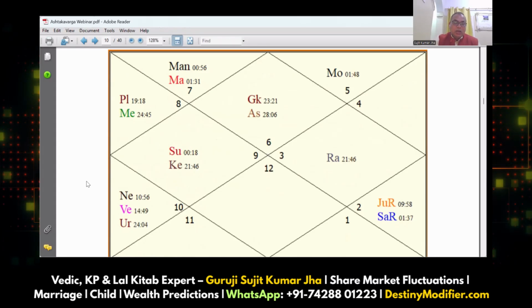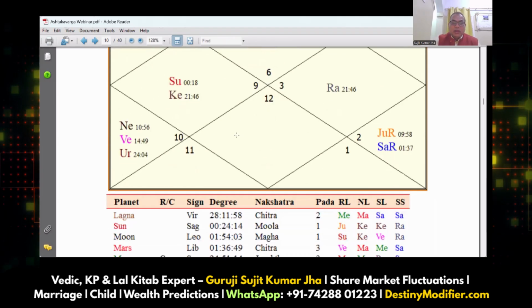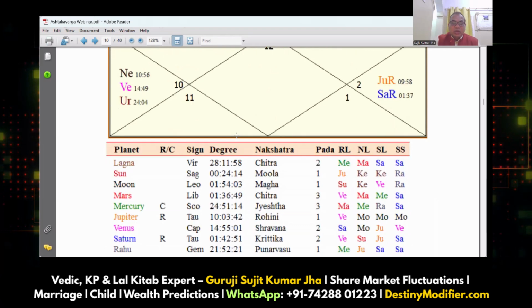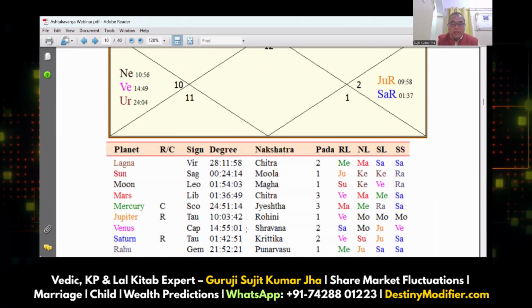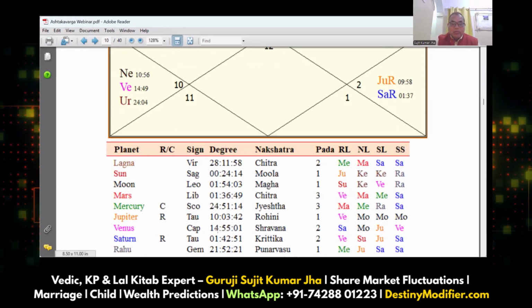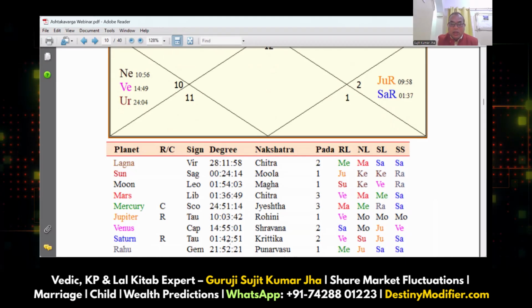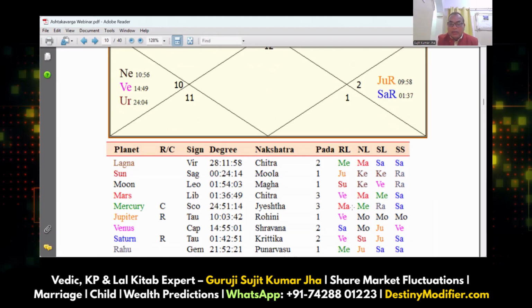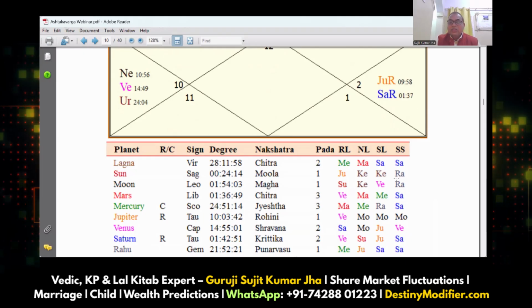Venus is in the 5th house. So we will use this information for analyzing the chart. Lagna is placed in Chitra Nakshatra, the Sun in Mool Nakshatra, the Moon in Magh Nakshatra. So every planet has a Rasi Lord, Nakshatra Lord, and Sub Lord.